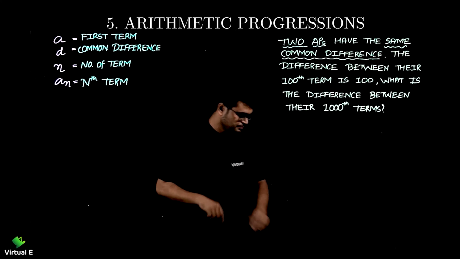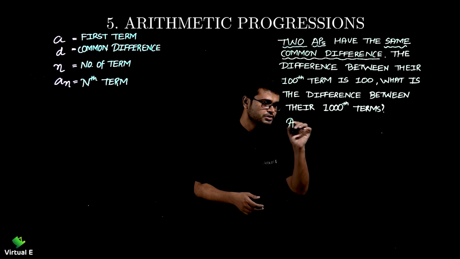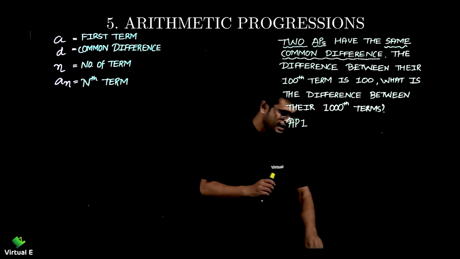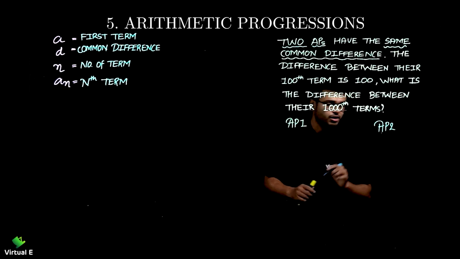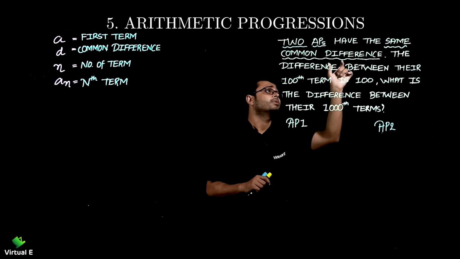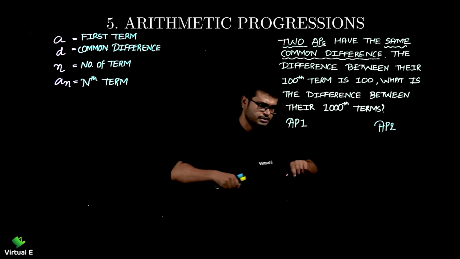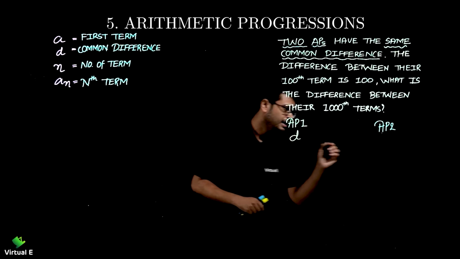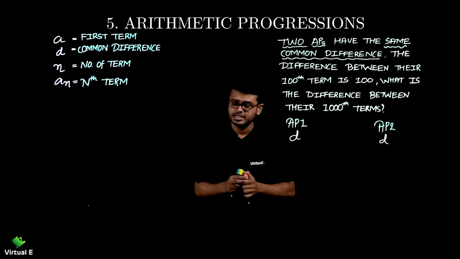So let's start. I am giving 2 different names here, AP1 and AP2. Now the most interesting thing about this: same common difference. So I will write d over here and d over here as well. The value of the common difference is the same.